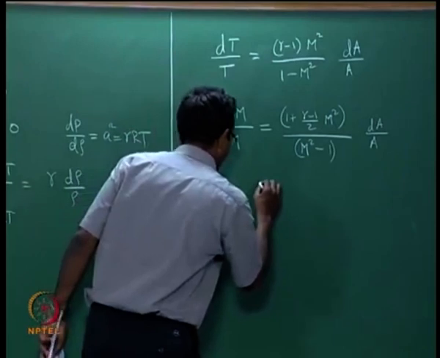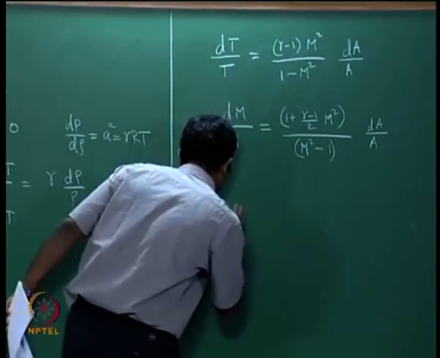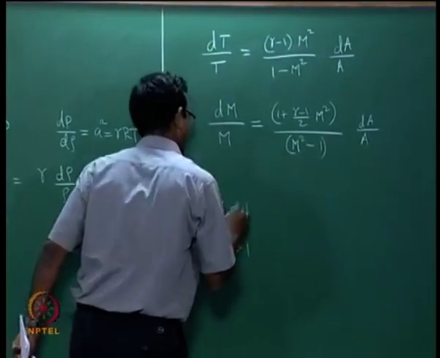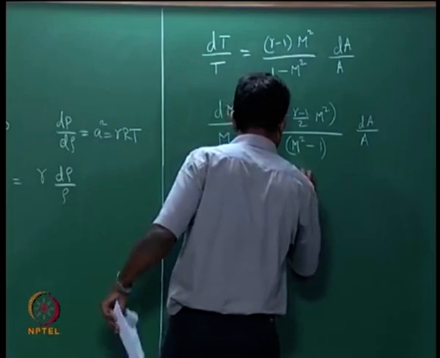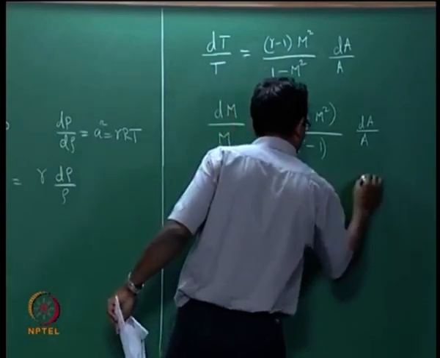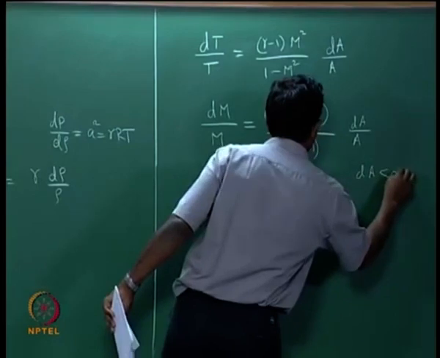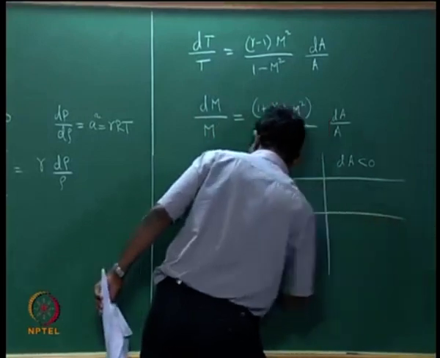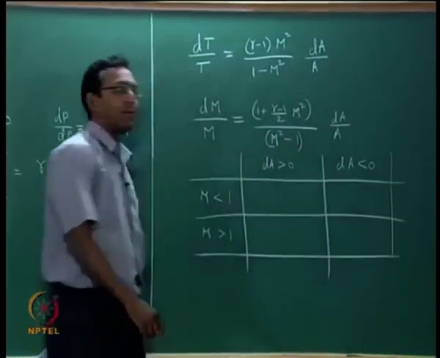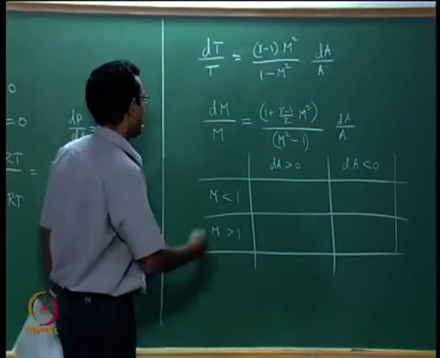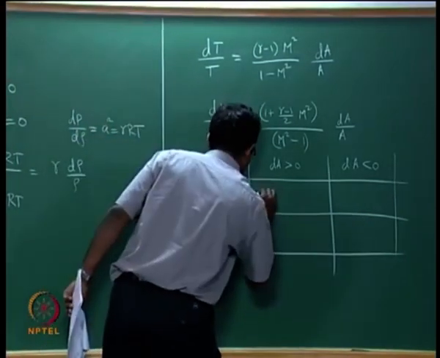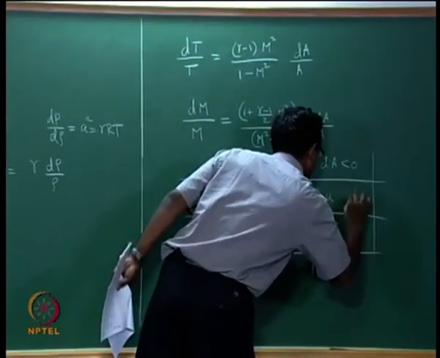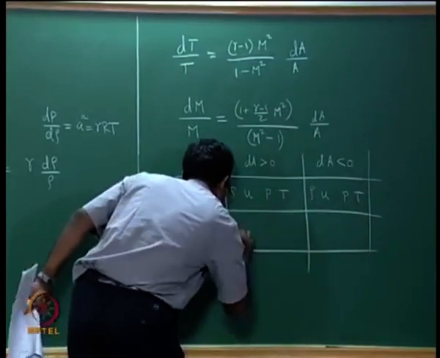So, if I look at that again, I am going to draw that table the way we have already done, M less than 1, M greater than 1, and I am going to say dA greater than 0 and dA less than 0.